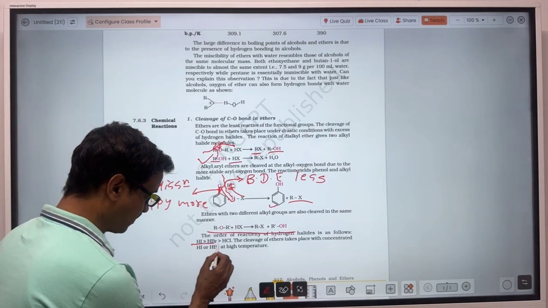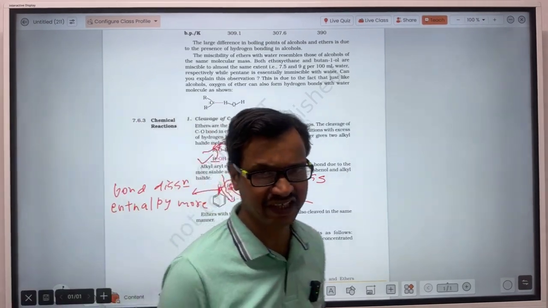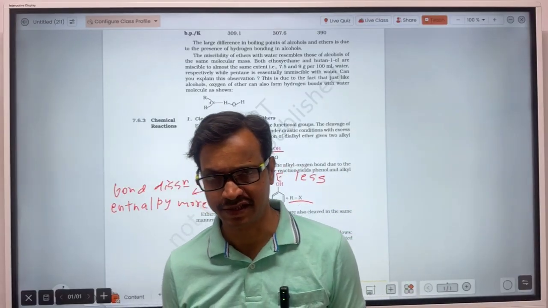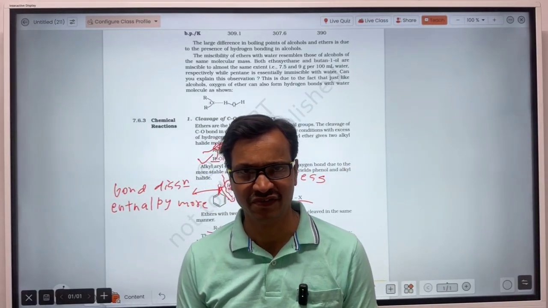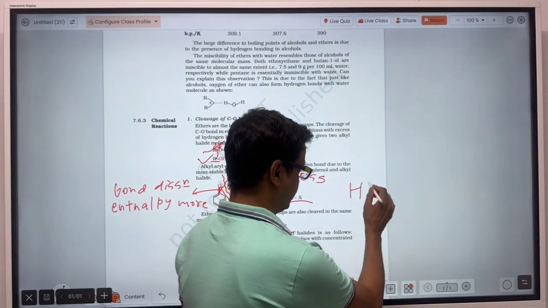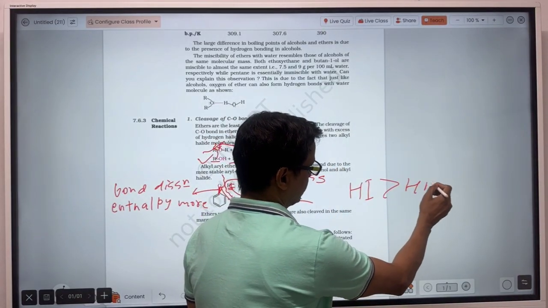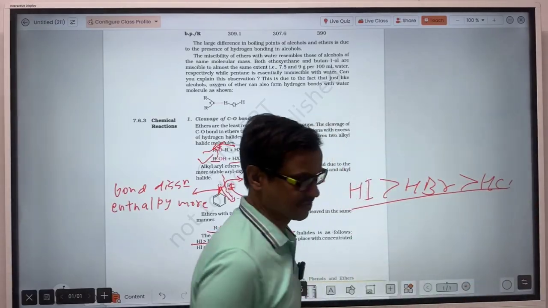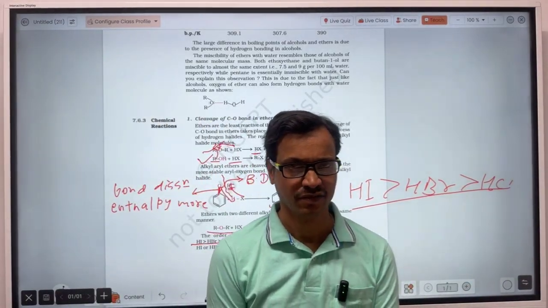This one, reactivity of HI. The order of reactivity of HX in the whole of organic chemistry will be HI maximum, then HBr, and then HCl, and that will be valid wherever you study organic chemistry. Why?